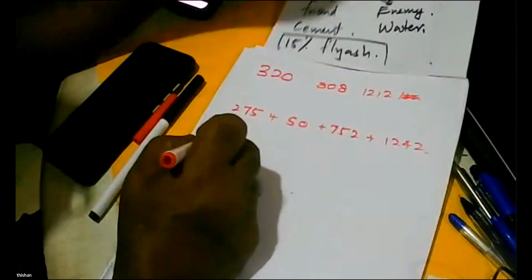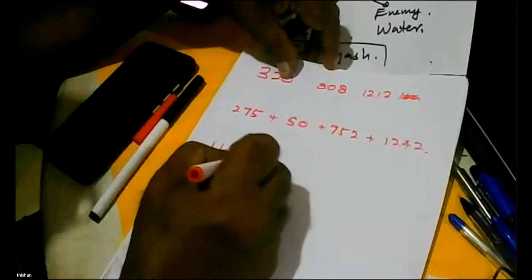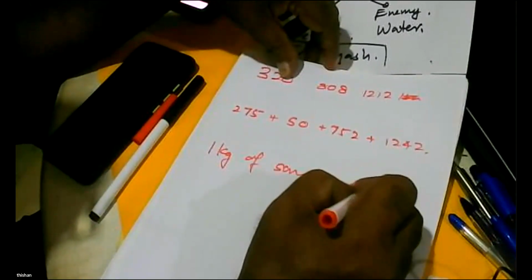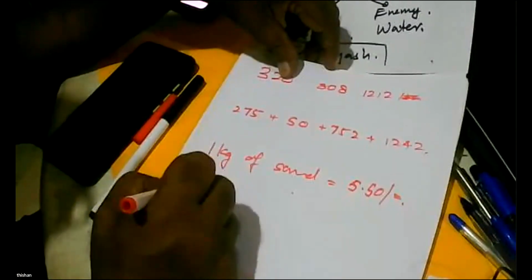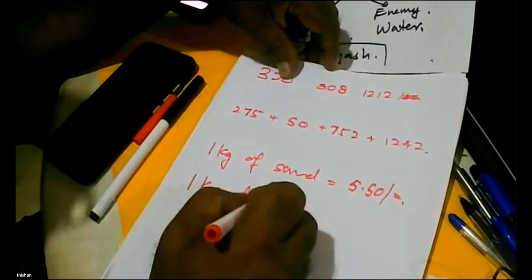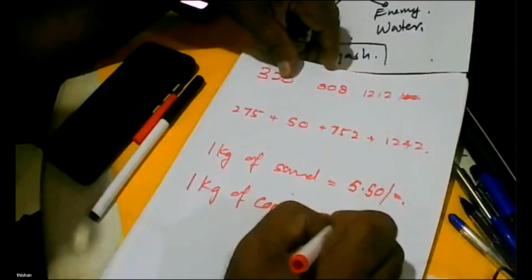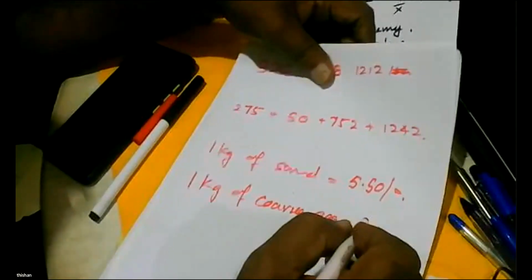What is the price of 1 kilogram of sand? 550. What is the price of 1 kilogram of coarse aggregate? Now we are using half-inch aggregate and 3/4 together.